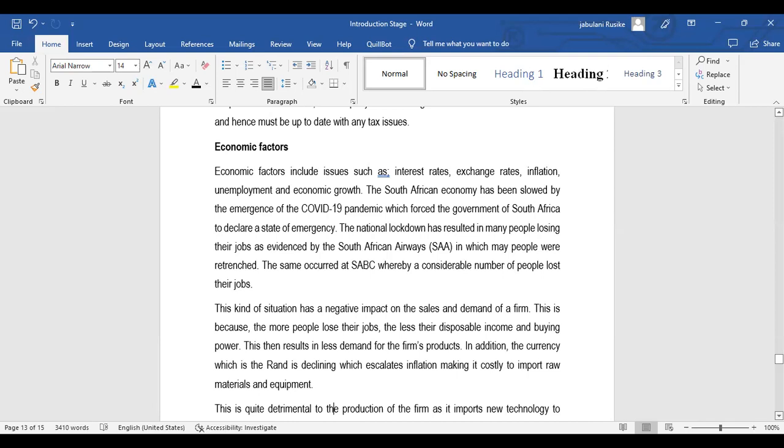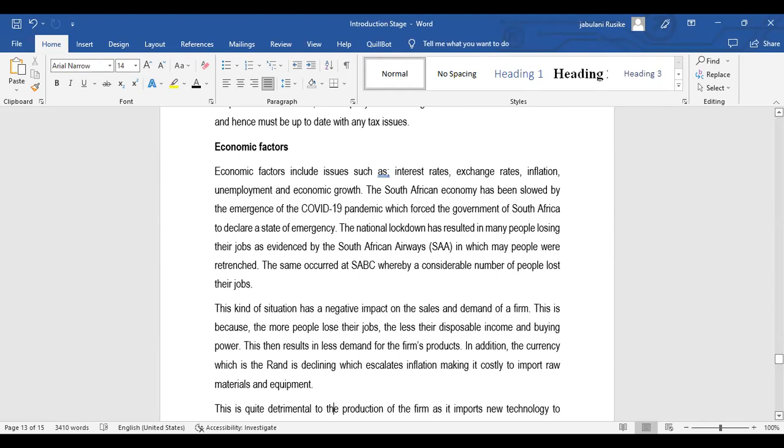So it becomes expensive when you are importing, especially when you are paying in US dollars, which means you have to fork out a lot of rands to buy something that costs a few US dollars. So that's the effect of inflation.